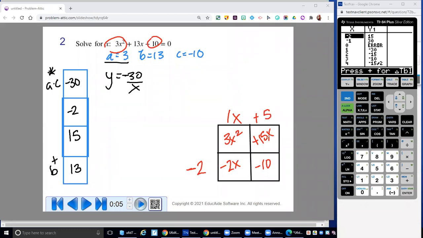Positive 5 times what gives me positive 15? 3. And then also you said what else, ma'am? X, I like it. And 3 times 1 is 3. X times X is X squared. So I end up with an answer that kind of looks like this. X plus 5 times 3x minus 2.